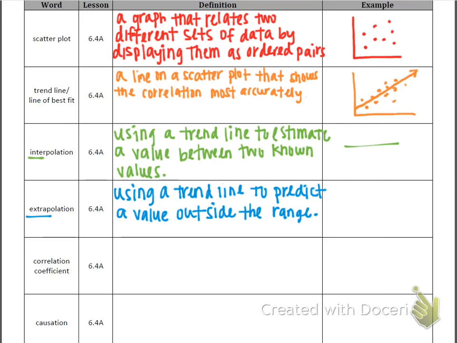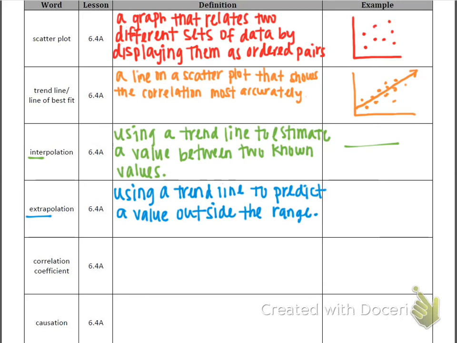To interpolate would be estimating the weight of a panda on one of the months that we didn't measure, so within our range of data. Extrapolating would be, using this, if the trend continues, how heavy will the panda be when it's 5 years old? So looking into the future. Does that make sense? Interpolation is within the range. Extrapolation is predicting outside of the range.